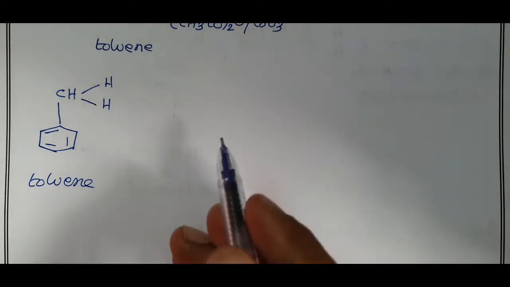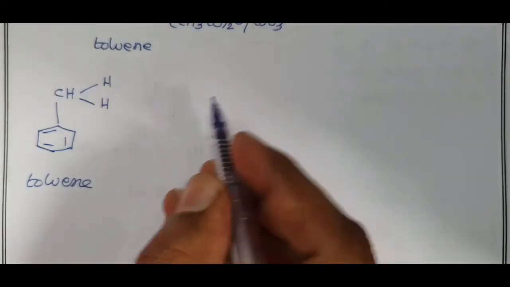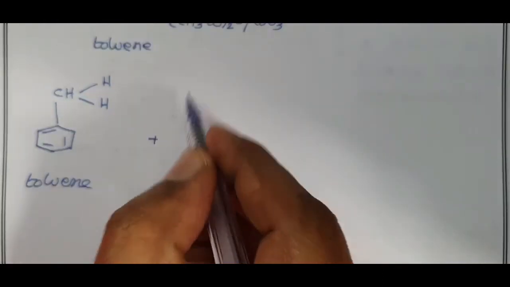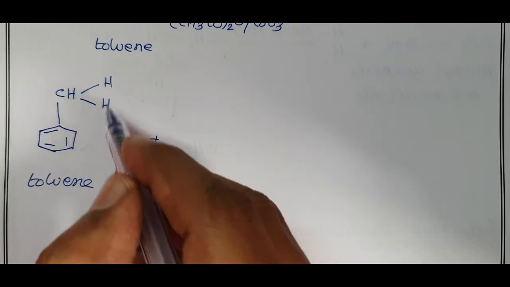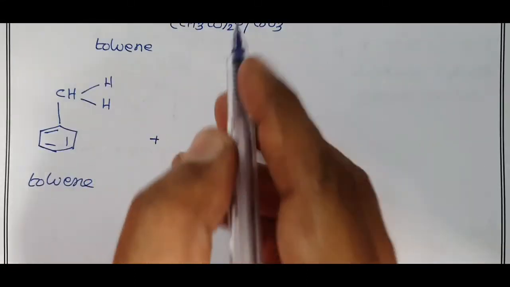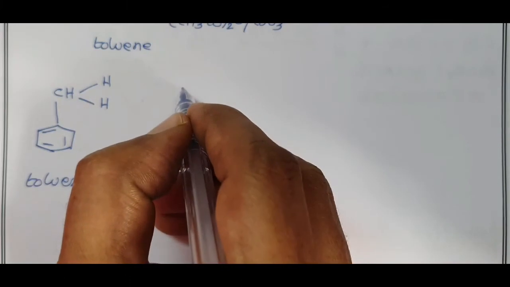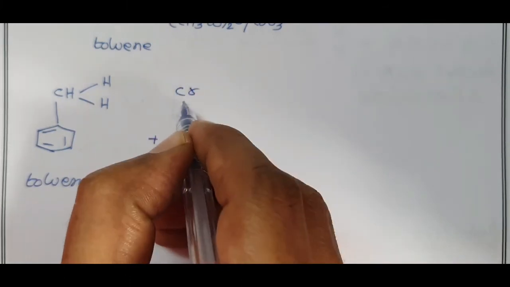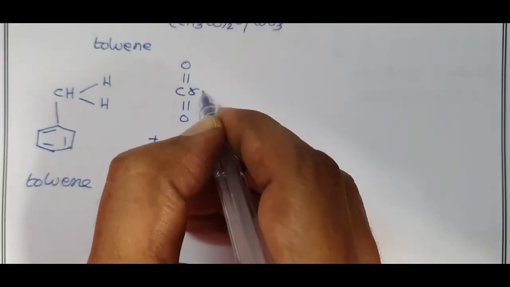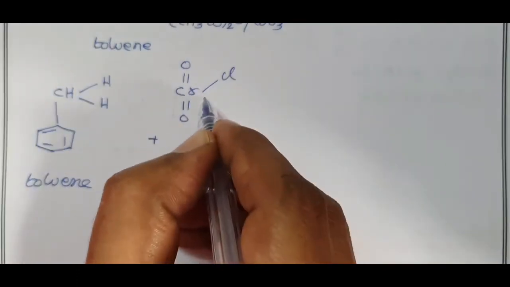When toluene is oxidized with chromyl chloride, we write two molecules of chromyl chloride because two hydrogens undergo reaction, CrO2Cl2. So actually Cr double bond O, here one chlorine, here one chlorine.